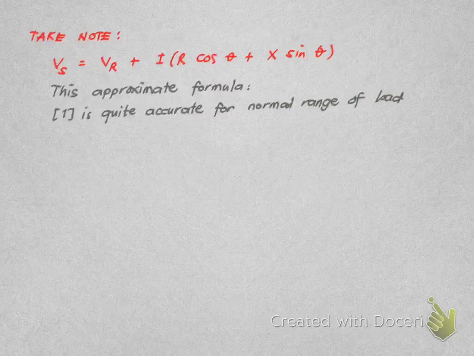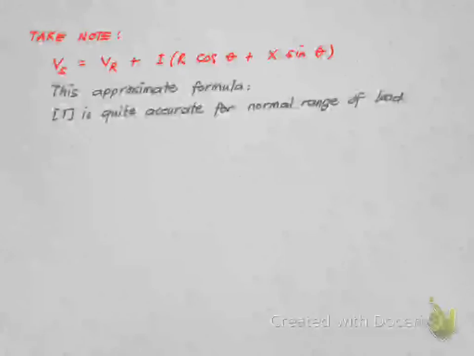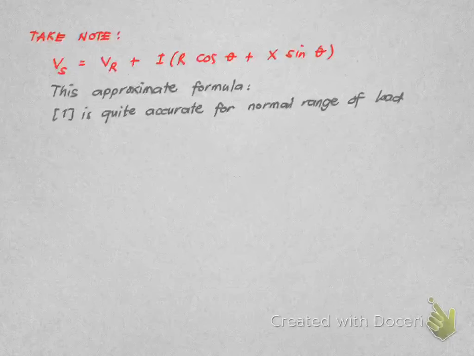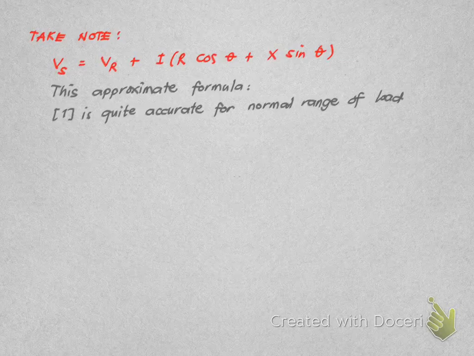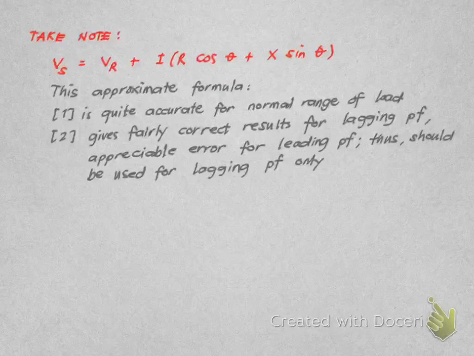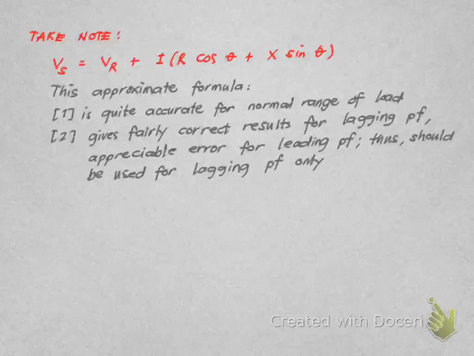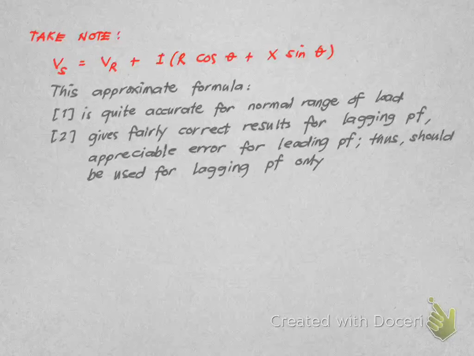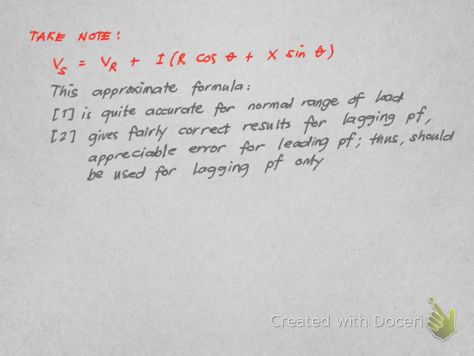Now, we have a few things to take note of. This approximate formula is quite accurate for the normal range of flow, according to reference 1. Reference 2 said that it gives fairly correct results for lagging power factor, but for leading power factor it has appreciable error. Therefore, according to that reference, this approximate formula should be used only for lagging power factor loads.